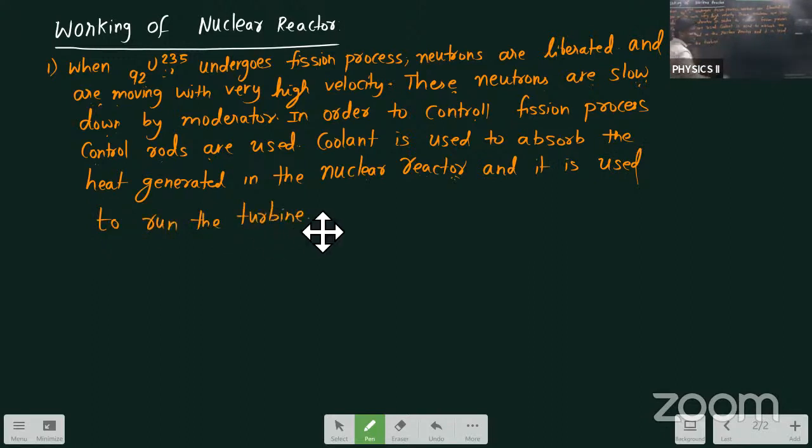This is the working you are supposed to write. Once that steam is used for running the turbine, again electricity will be generated from that turbine.